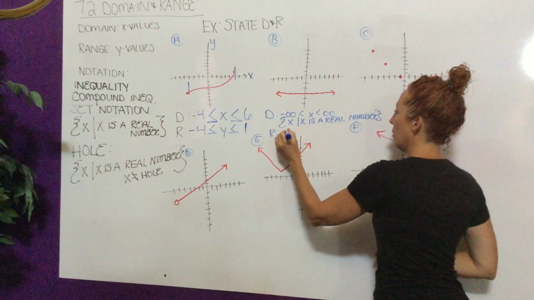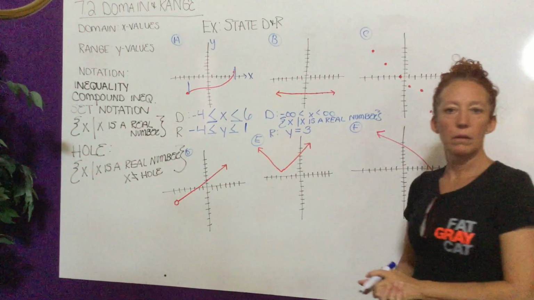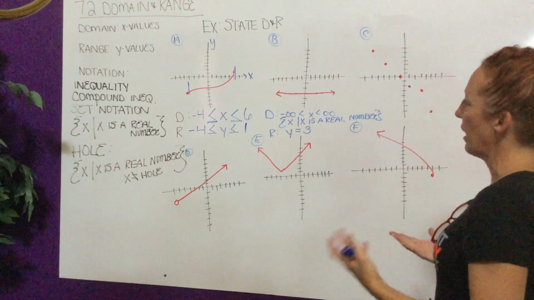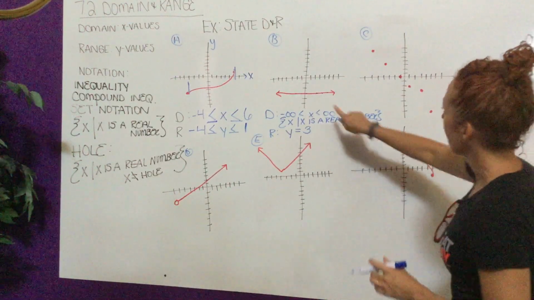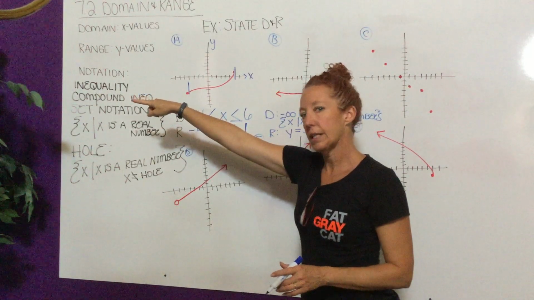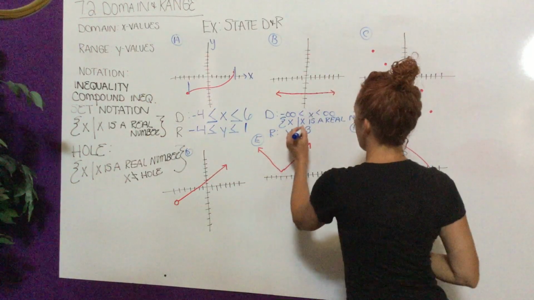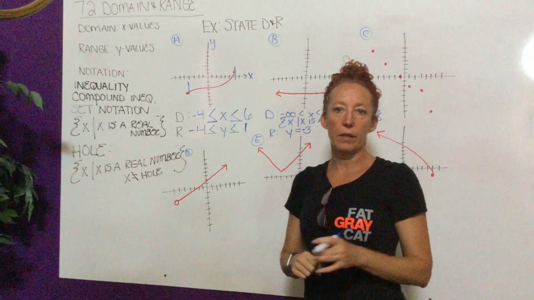Y equals -3. It's the only element in that set. That is the range every single time. Y is -3. It doesn't matter what point you pick. You could go out 10,000 spaces to the left. Y would be -3. It's down 3 every single time.